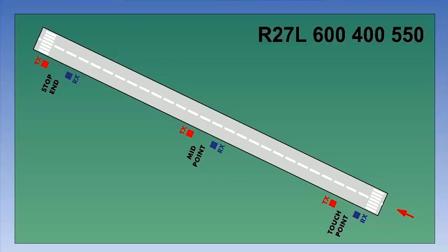For example, R27L, 600, 400, 550 means, on runway 27 left, the touchdown visibility is 600 meters. The midpoint visibility is 400 meters, and finally the stop end visibility is 550 meters, as measured by the transmissometers.